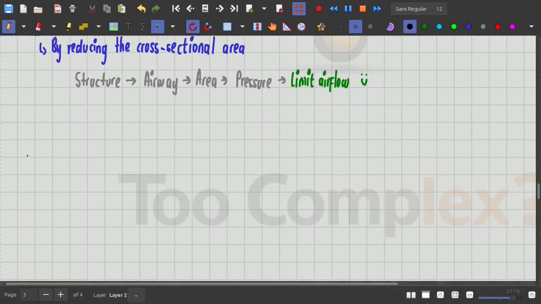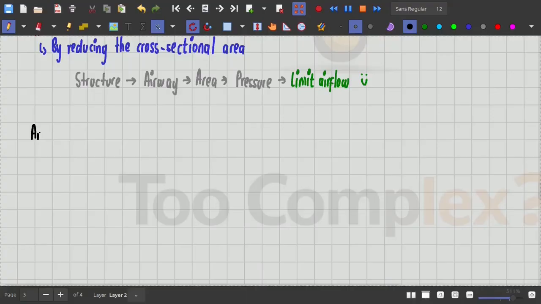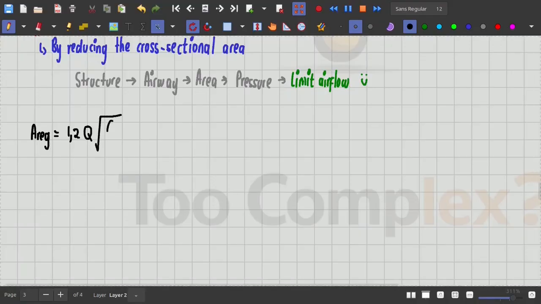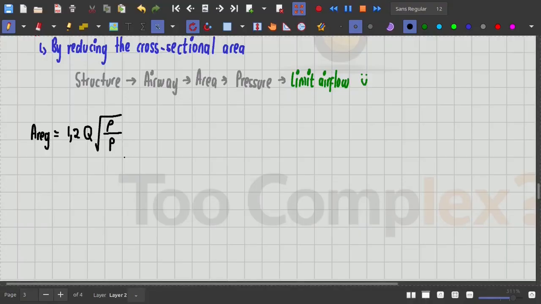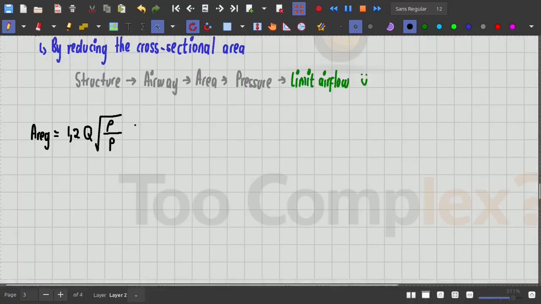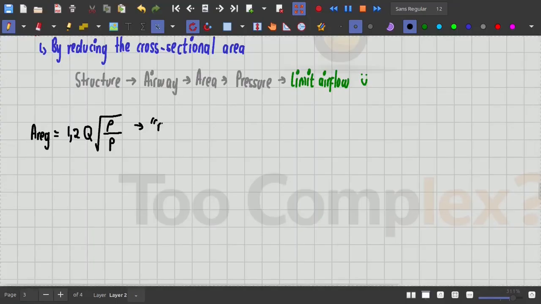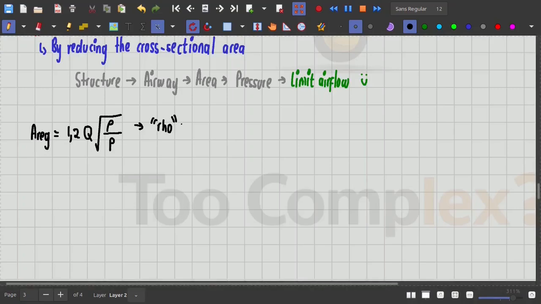The first equation you need to familiarize yourself with is A_reg is equal to 1.2 Q times the root of rho over P. Just for extra information, the density is not actually P, it's a Greek letter called rho, R-H-O, and it's pronounced rho. So it's rho over P, not P density over P pressure. It's rho over P.